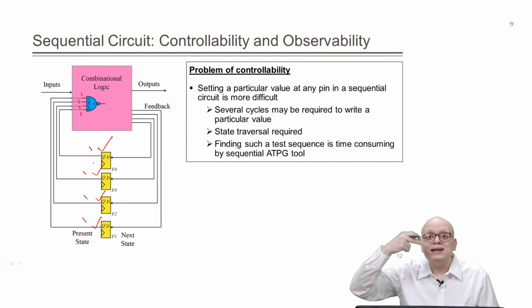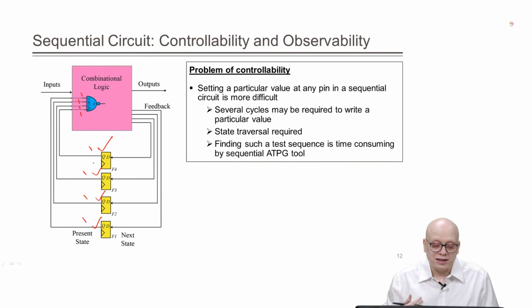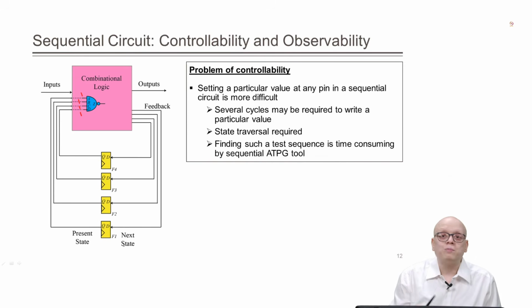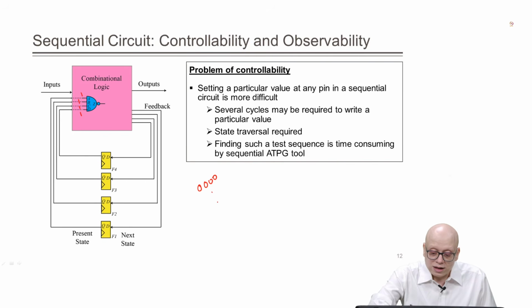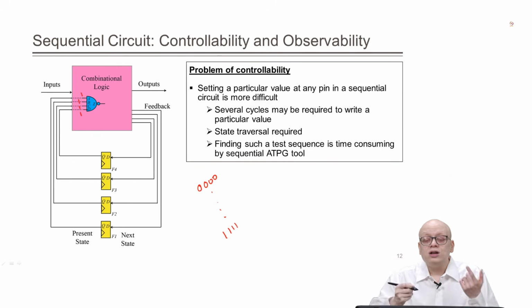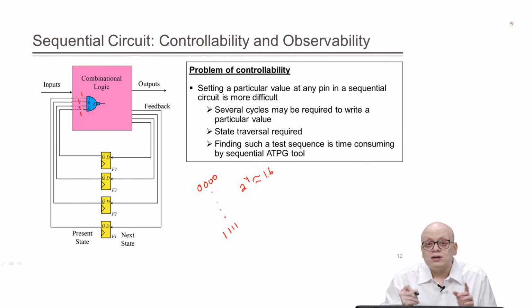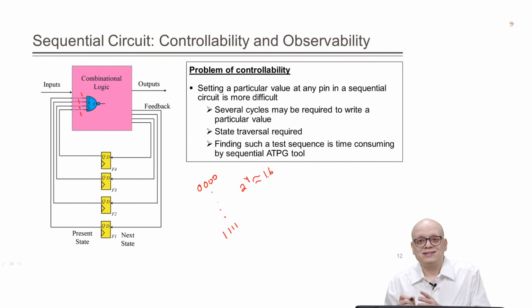It may require many cycles to reach that state. For example, suppose these flip flops were part of a counter, and the counter starts from 0 0 0 0. To reach the state 1 1 1 1, it will require in the range of 2 to the power 4, or 16, cycles.